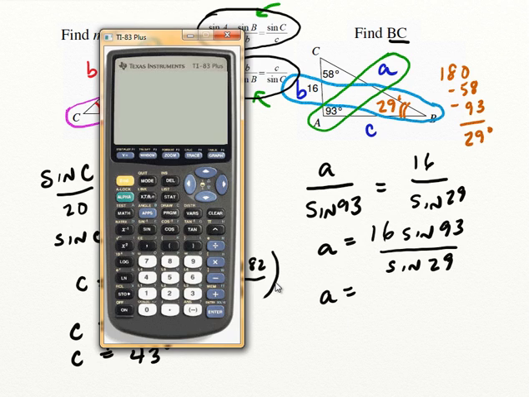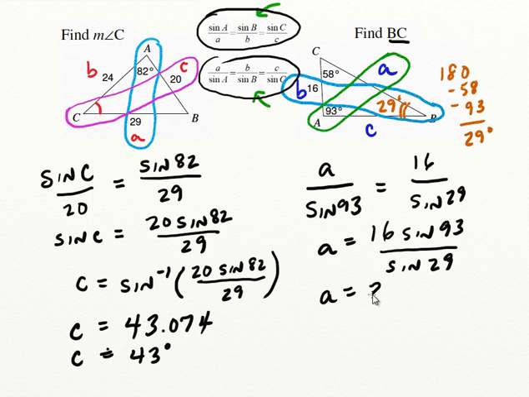So opening up a calculator and entering these values, we can solve for A. It's going to be 16 times the sine measure of 93 degrees divided by sine of 29 degrees, and that equals 32.957.